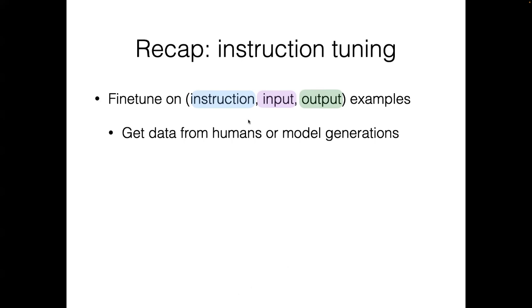Fine tuning you could view as just the procedure of minimizing a loss function with some data set and some model. And then instruction tuning would be a particular type of fine tuning where you format the data in this way. And the finding is that if you format it in this way, then you can get a model that performs well on multiple tasks.